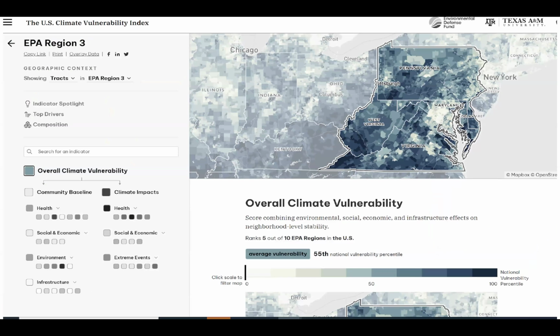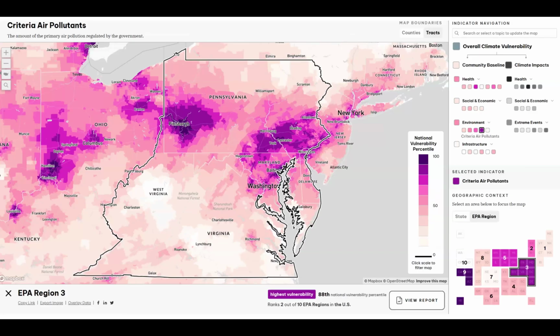So when we come to our region, which is the Mid-Atlantic region, you can say 5 out of 10 regions in terms of overall climate vulnerability. At the same time, number 2, when we see the criteria air pollutants, as you can see, areas around Pittsburgh, around the eastern part of Pennsylvania, around the 95 corridor, Washington, Baltimore areas have the highest score.